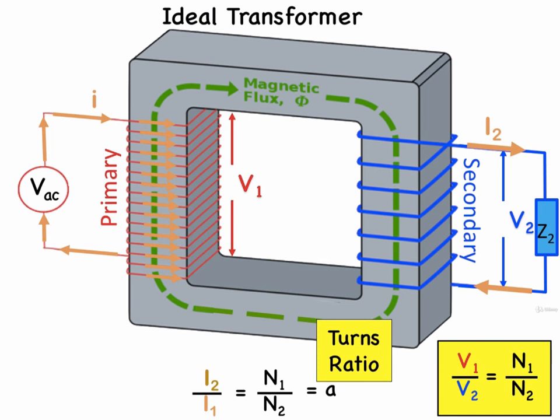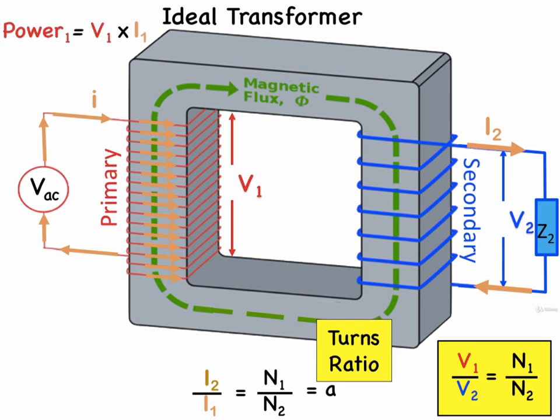Now let's look at the power flow through the transformer. If the transformer is loaded, as is the case by adding Z2 to the secondary, we can measure the power flow into the primary by measuring the voltage V1 and the current I1 and multiplying them together to give us this equation.